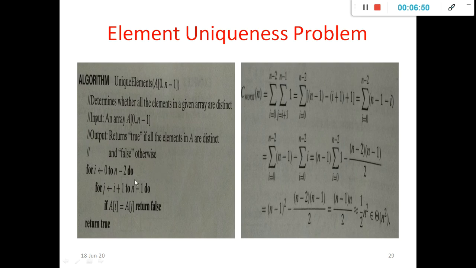Similarly, for every i value, the j loop will be executed once. That's how we can make the outer summation from i equal to 0 to n minus 2. This is how we put the summation formulas, and the 1 represents that the basic operation is executed only once. Now we have to apply the summation formula for this 1, using the previous summation formulas.